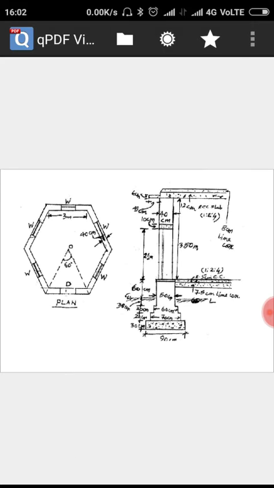The corresponding width is 70 centimeter for the first footing and 60 centimeter for the second footing. The height up to ground level from the second footing is 30 centimeter, the height from ground level to plinth level is 60 centimeter, and the corresponding thickness for the plinth is 50 centimeter.